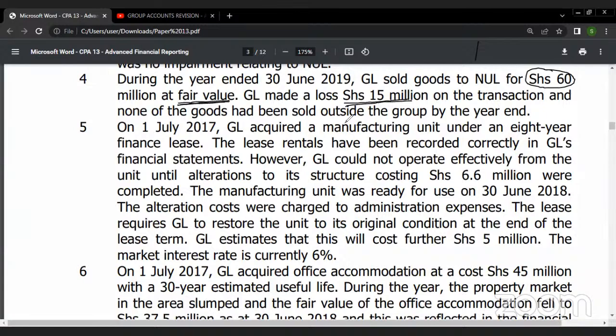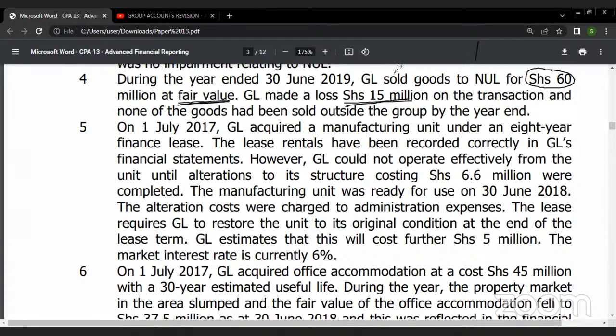But in this case, we see a loss. This is a note which is very, very common. It's a consolidation adjustment, which is common on all the numbers of consolidations. You're likely to find what we call intragroup tradings, so you need to know how to deal with these intragroup tradings.